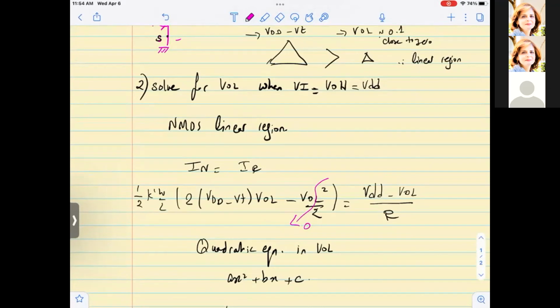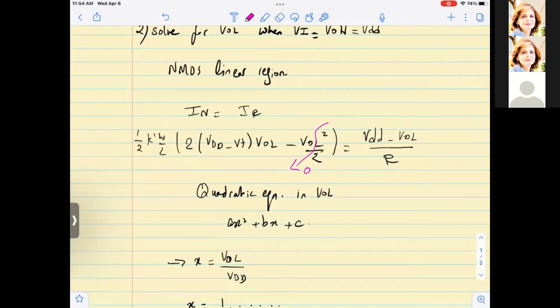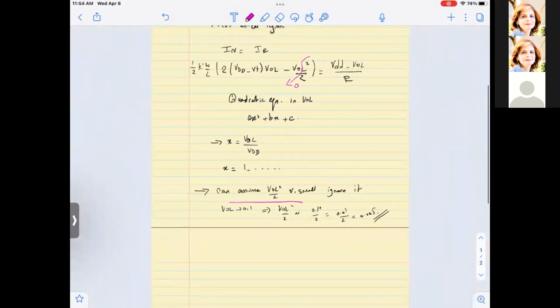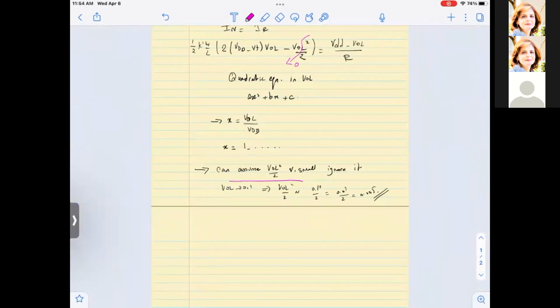In this scenario we can find the expression. The half and the 2 cancel each other, and we get K prime W by L times 2 times VDD minus VT times VOL, the term we dropped becomes 0, is equal to VDD minus VOL over R.